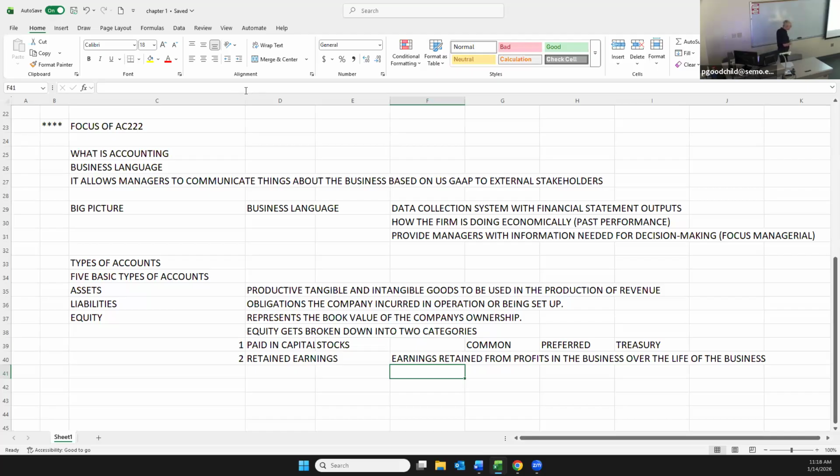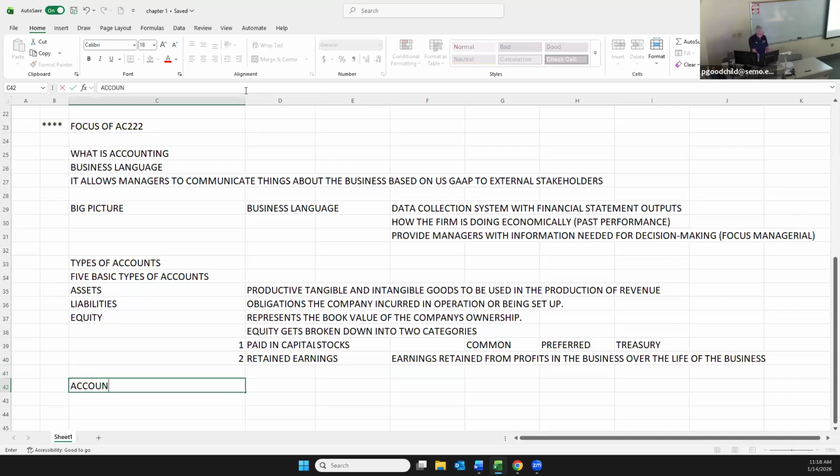Okay, so a couple of things to note about accounts. Assets and liabilities can be current or non-current, also called long-term.